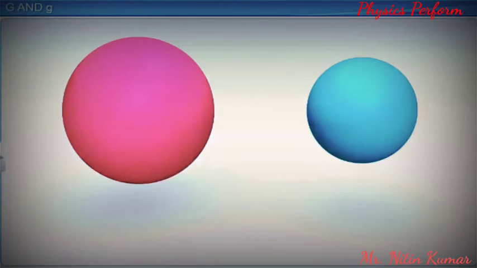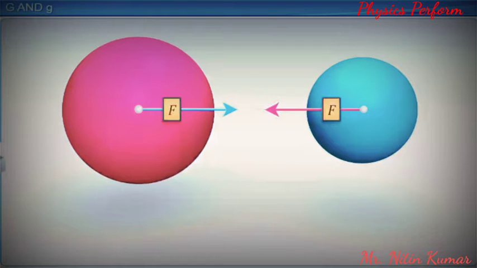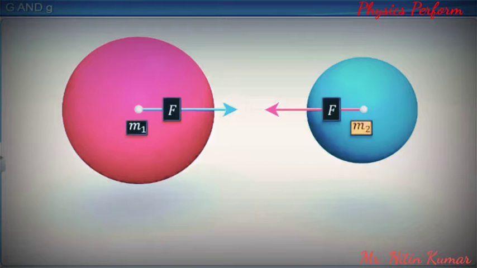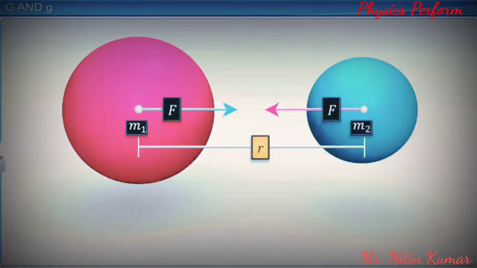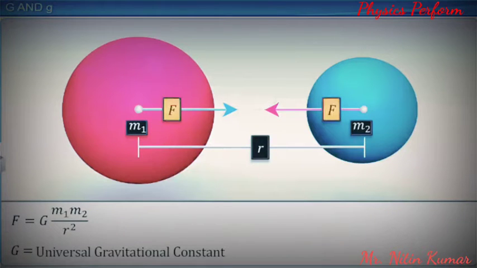We learned earlier about the gravitational force between two bodies of masses m1 and m2 separated by a distance r. The expression for the force is given as F equals G times m1 multiplied by m2 by r square, where G is the universal gravitational constant.